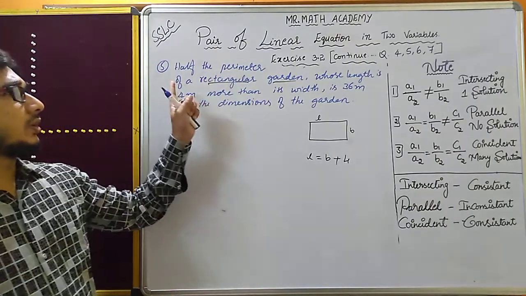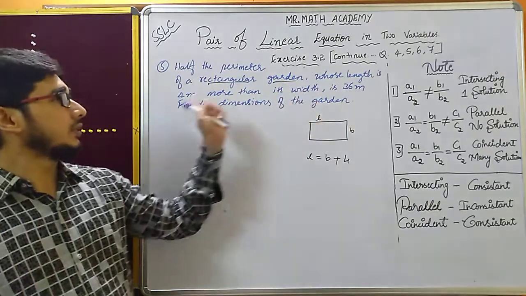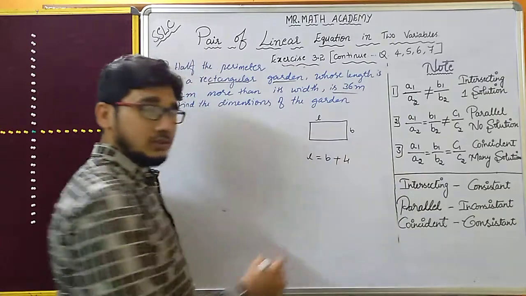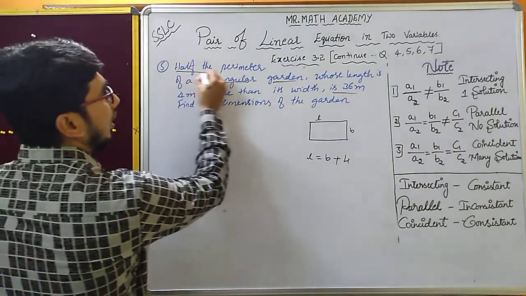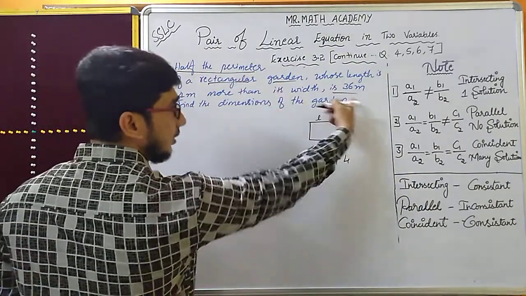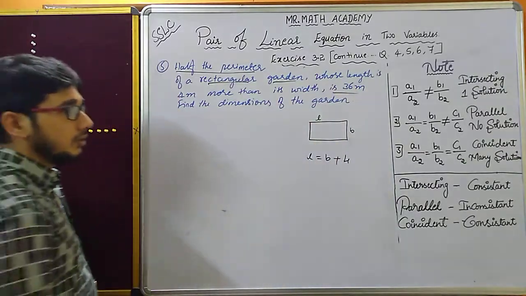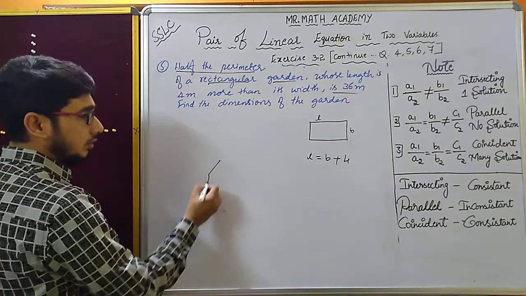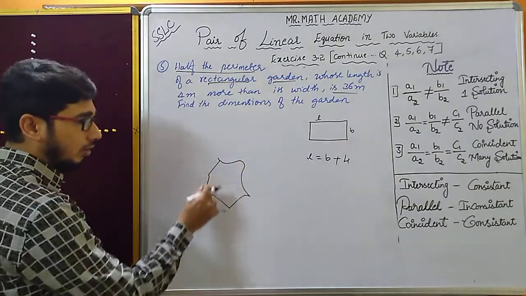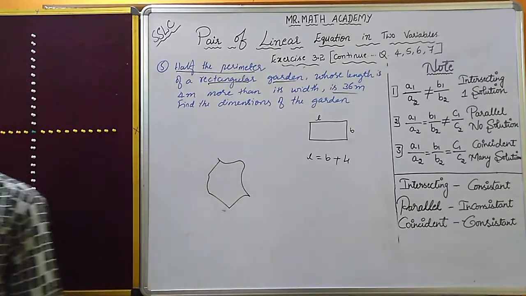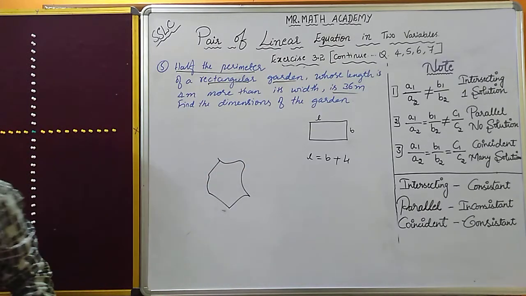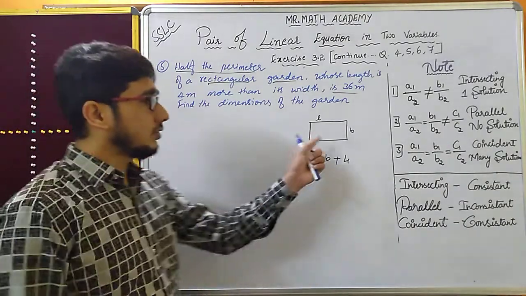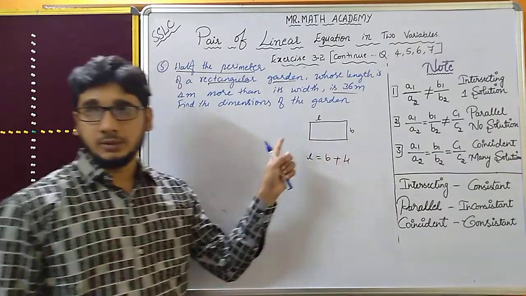Half the perimeter of a rectangular garden whose length is 4 meter more than its width is 36. What does this 36 mean? Perimeter means the entire boundary. If you add all these lines, you get the perimeter of this figure, that is length, length, breadth, breadth.